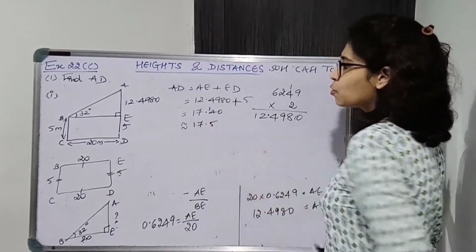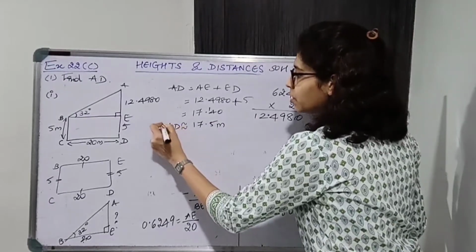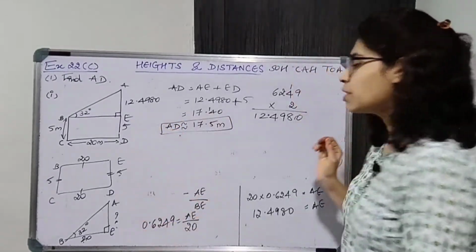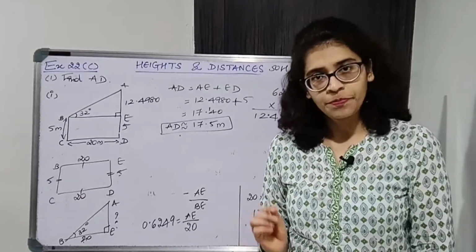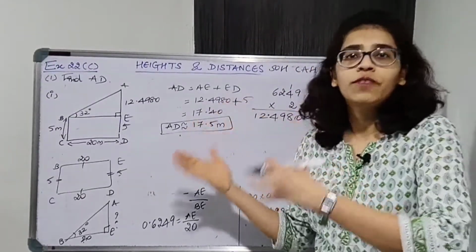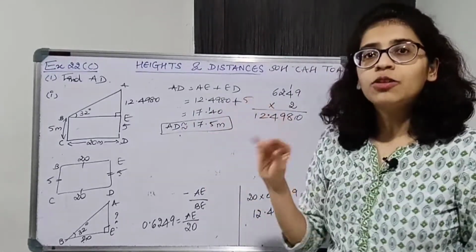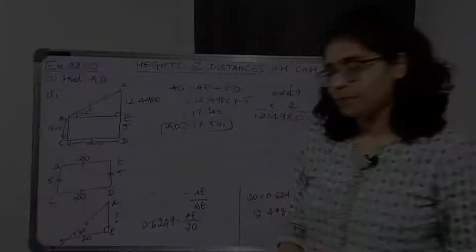Okay, so 17.5 meters, don't forget to put the correct unit. So AD is approximately equal to 17.5 meters. Alright, 17.498 is nothing but 17.5. It is closer to 17.5. ठीक है, so box the answer, don't forget to put the correct unit.